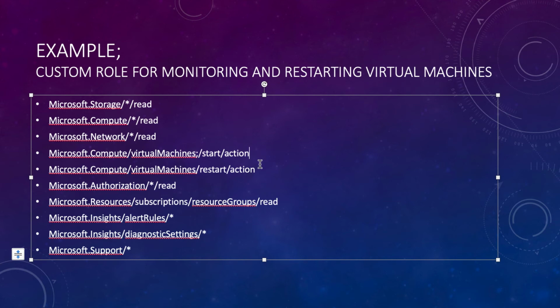This is a very common one, but actually you have a virtual machine role already built into Azure. But let's say you need someone to start or turn off a specific virtual machine on your system. You can create a user, remove everything from their authorization, and just leave them with start, restart, or shut down actions on Microsoft virtual machines.